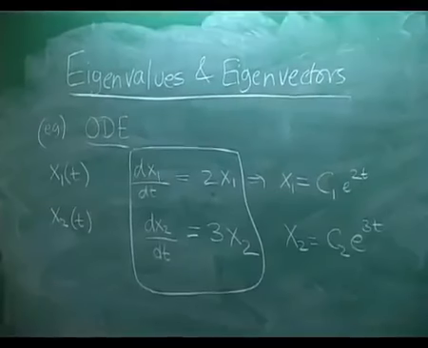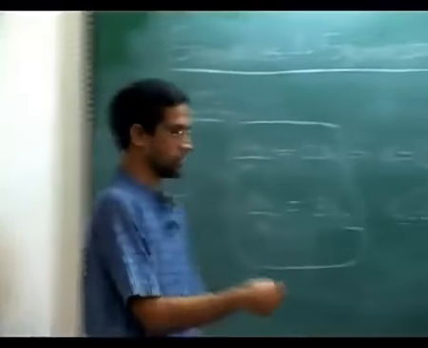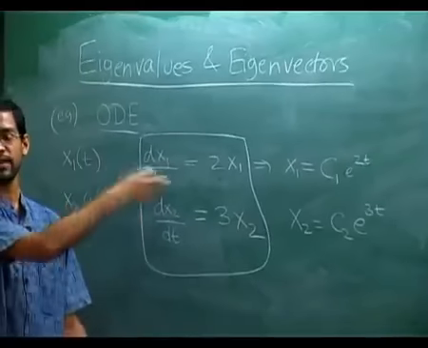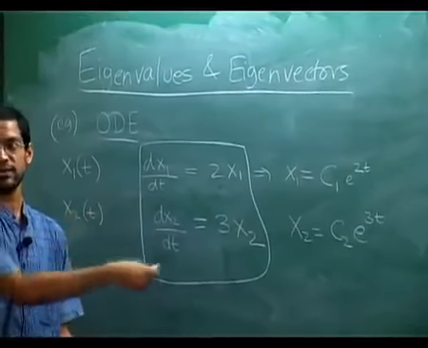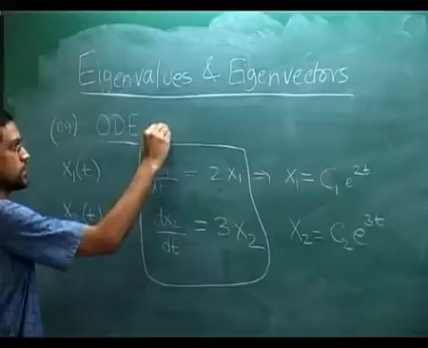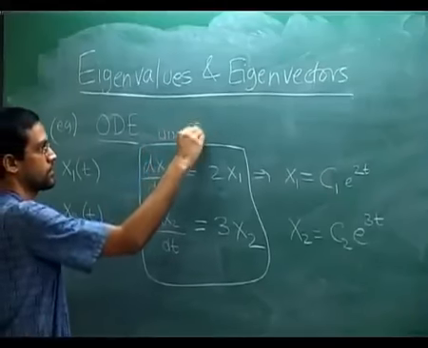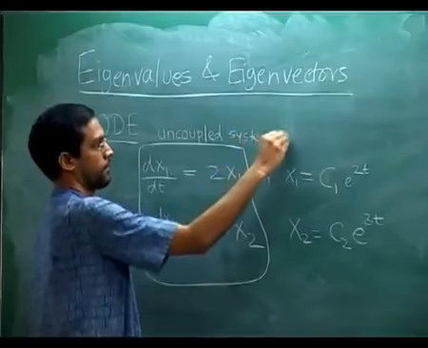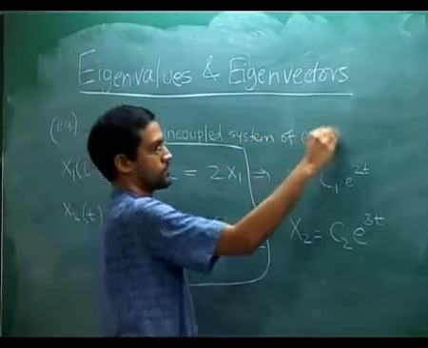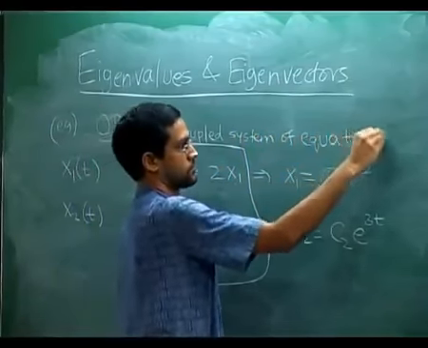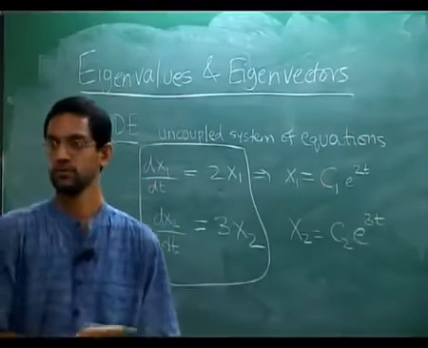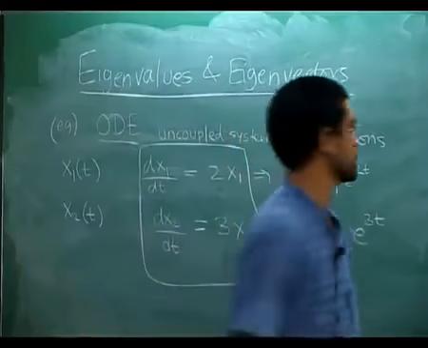I don't know if this terminology is known, this is what you might call an uncoupled system of equations. Okay, here are two equations, but in some sense they are not coupled to each other. One equation only involves x1, another equation only involves x2. So this is an uncoupled system of equations. And those are very easy to solve because you just solve the usual one variable equation.